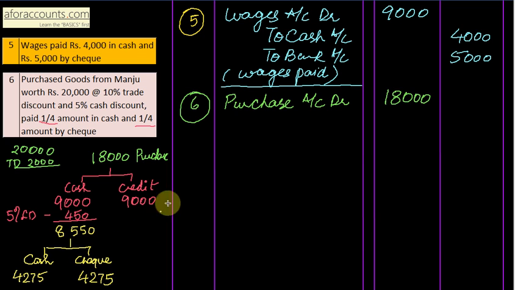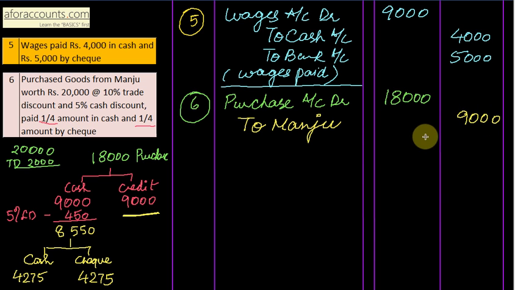Okay. So what would my entry be? See, purchase account debit 18,000. Out of that, 9,000 is totally credit. So I'll credit, from whom did I take it? From Manju. So to Manju. Purchase goods from Manju. Half of the goods of 18,000 were credit. So these have been taken from Manju as 9,000.